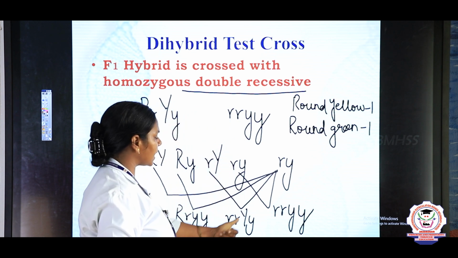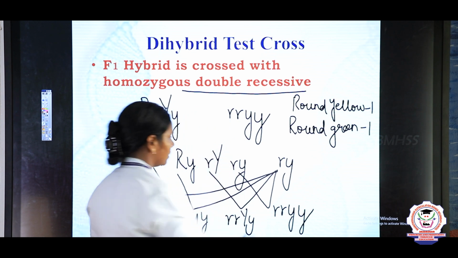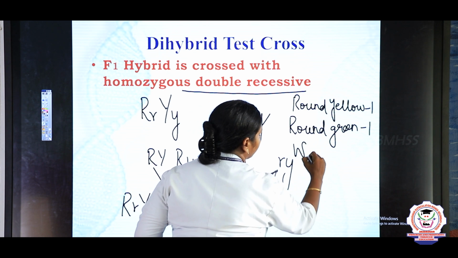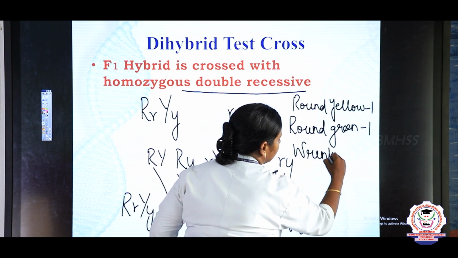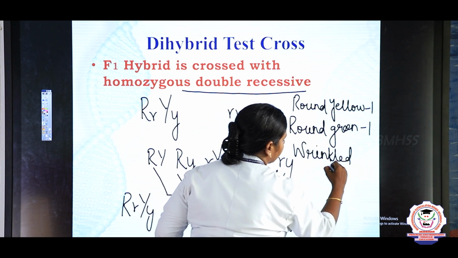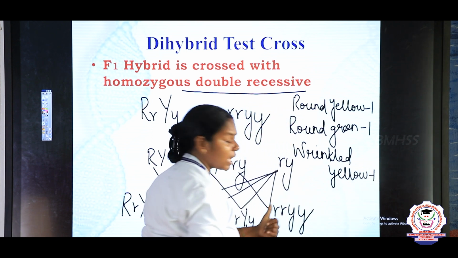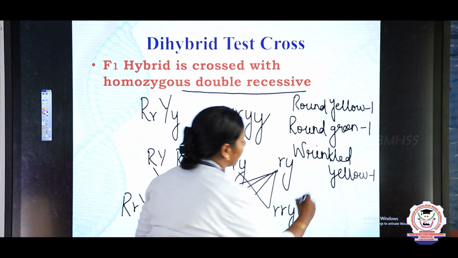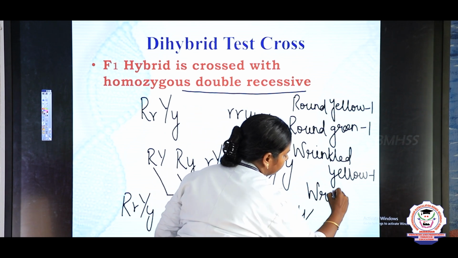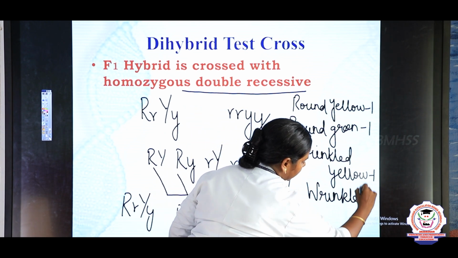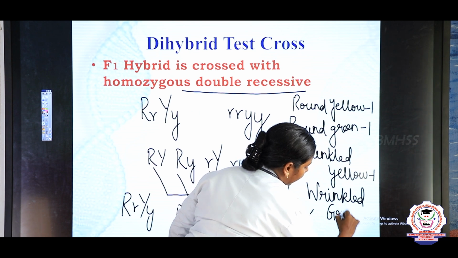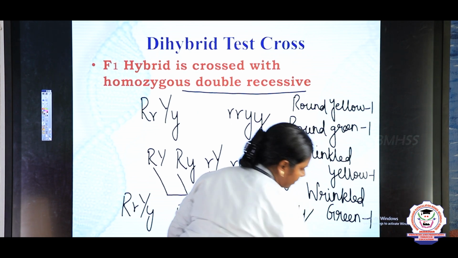And then small r, capital Y, you get wrinkled yellow. That is also 1. And small r, small y is wrinkled green. That also we get 1.